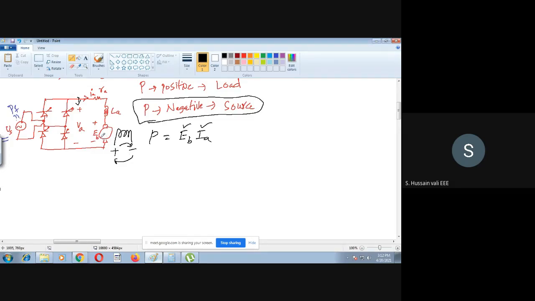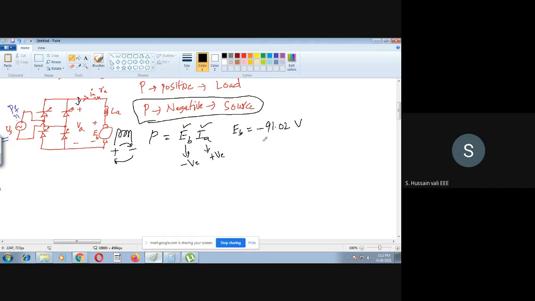When EB is negative, IA is positive, otherwise the product cannot be negative. So IA will be in the same direction, whereas EB becomes negative.